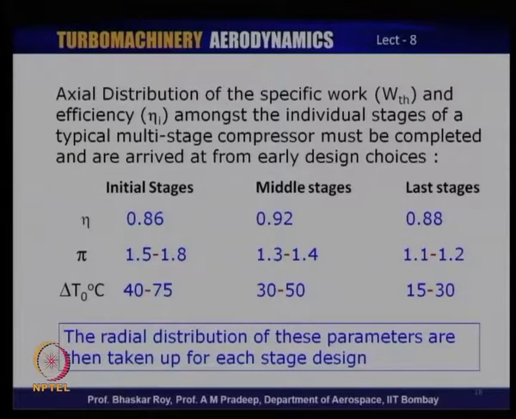In the later stages, there is indeed no point putting very high work input, because the pressure rise is not going to be very high anyway. So, that is a kind of first cut division of labor one may like to do across the stages in a multi-stage configuration. Following those configurations, you design the blades.